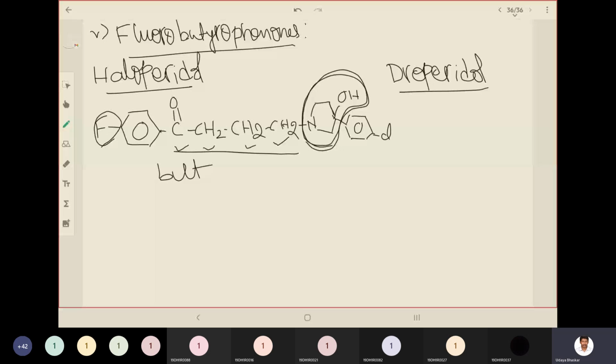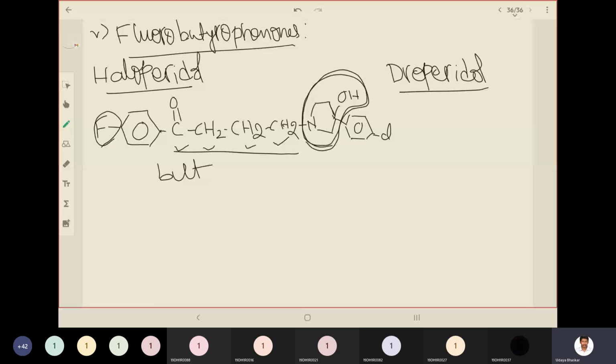In the name haloperidol, piperidinol is present, and you have to remember the phenyl chloride substituent on the piperidine. So this is the structure of haloperidol.